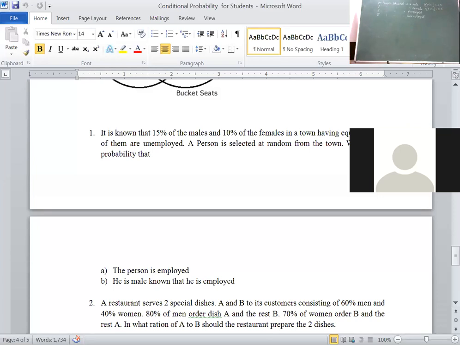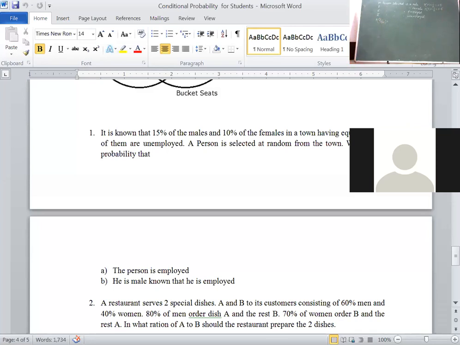Then, after that, what have they given? 15% of the males are unemployed. Which event happened earlier? Males are unemployed. That means male has happened earlier. Correct? Then, probability of which event happened earlier? Male. Whatever event happened earlier, that comes in the denominator. 15% of the males are unemployed.